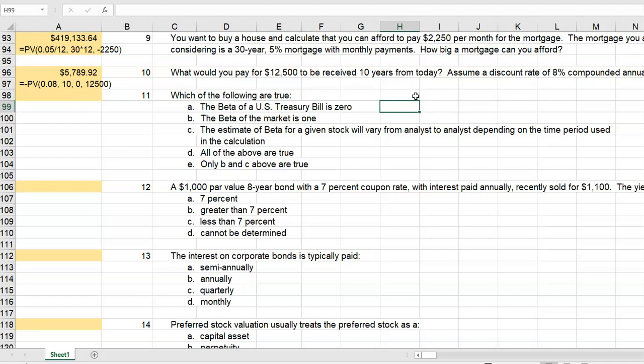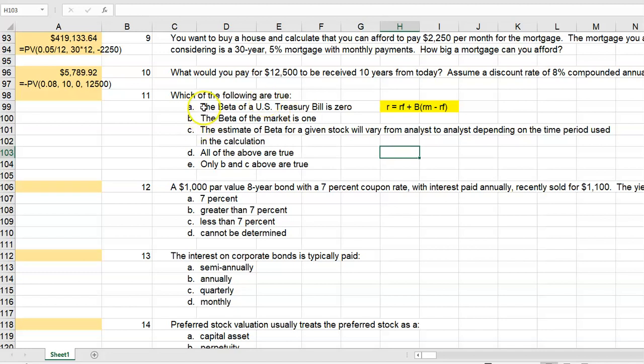Now, remember the return on some security is equal to the risk-free rate of return plus beta, let's use the capital B, times the return on the market minus the risk-free rate of return. Okay, that's what we've got to remember.